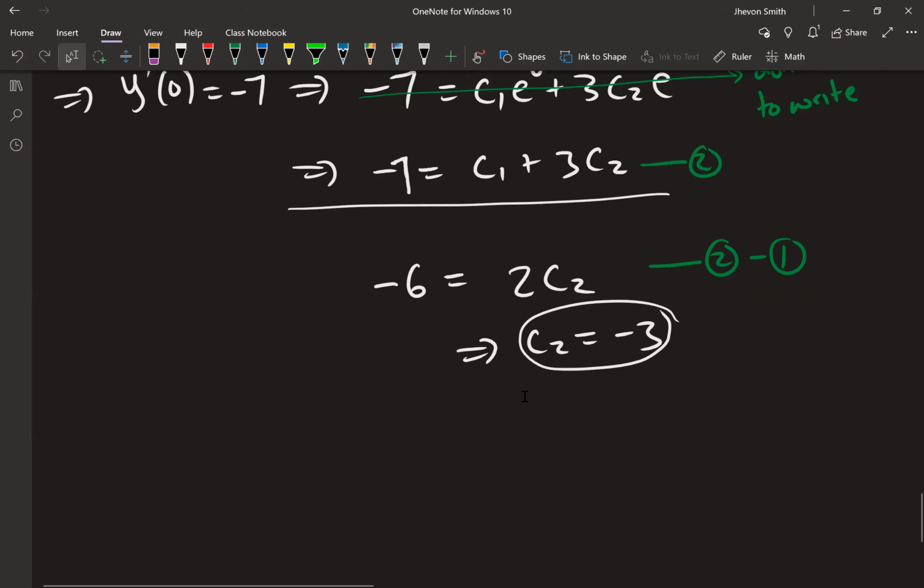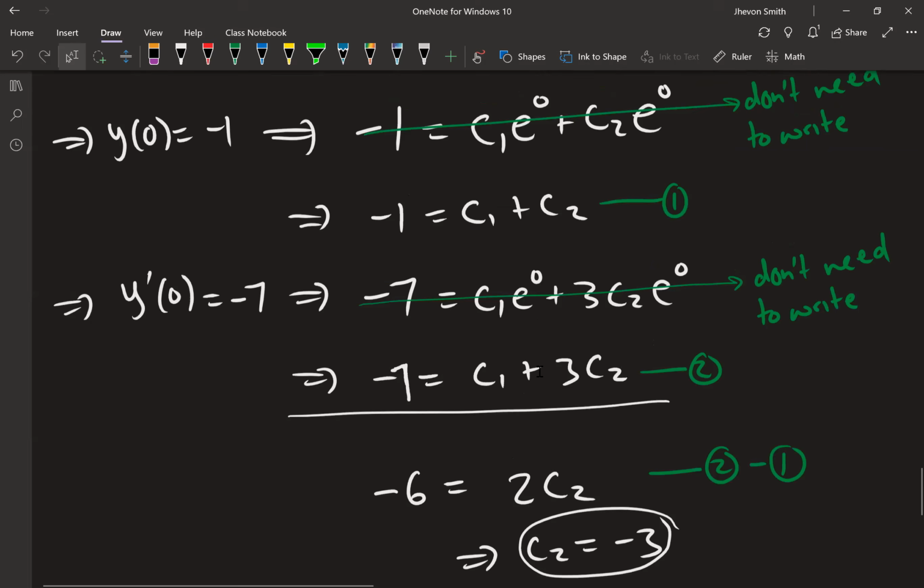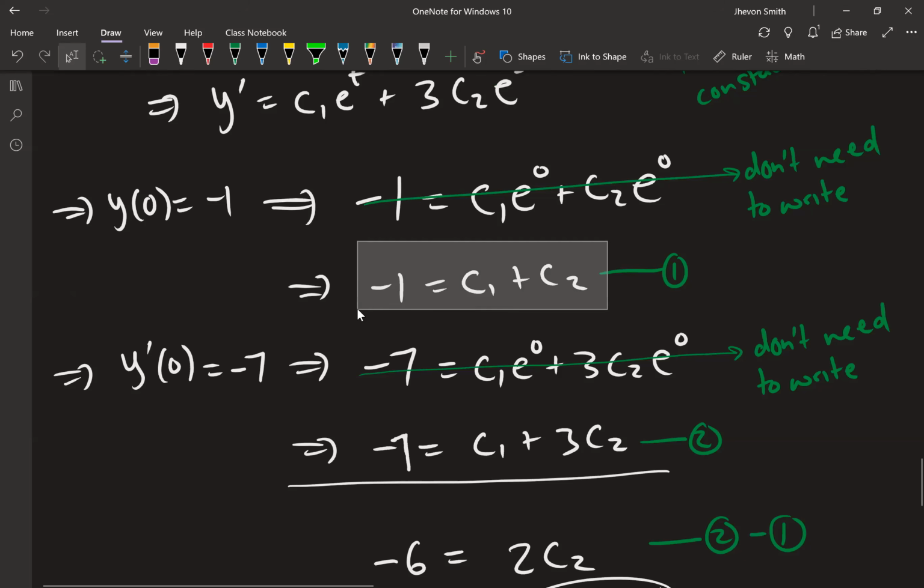Then I can plug this in. This means that -1 is equal to C1 plus -3. So in other words, my C1 is going to be 2. I just plugged it back into equation 1.